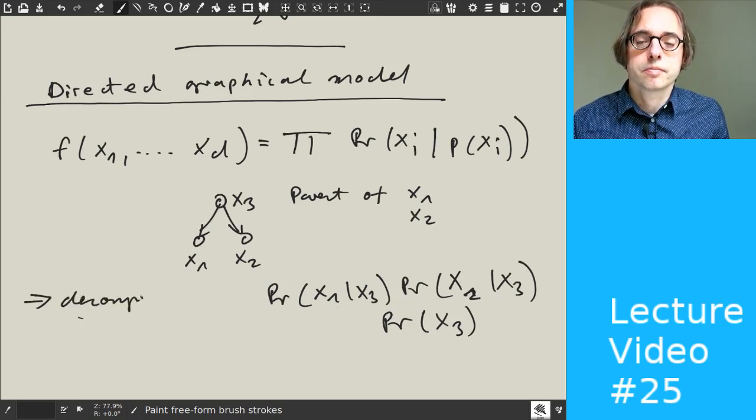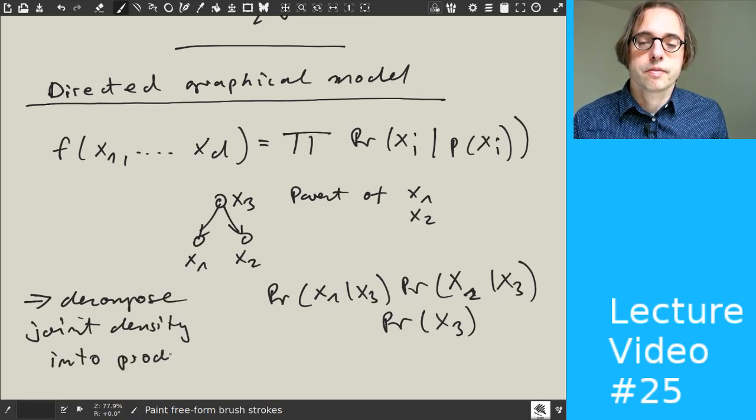So we can decompose the joint density into products, and these products are directly determined by the graph structure. That's the whole point.